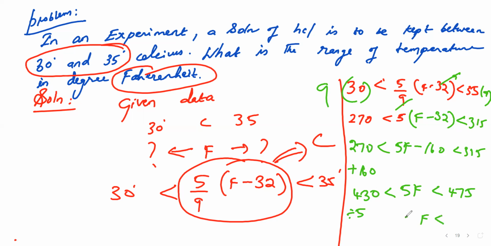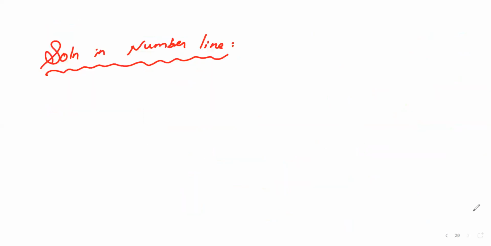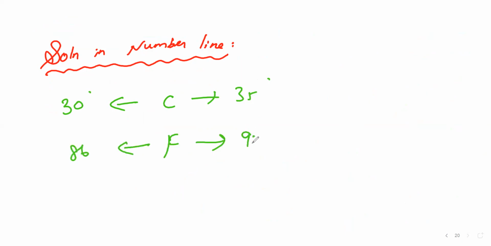F lies between 86 and 95. Your Celsius lies between 30 and 35, and Fahrenheit lies between 86 and 95.